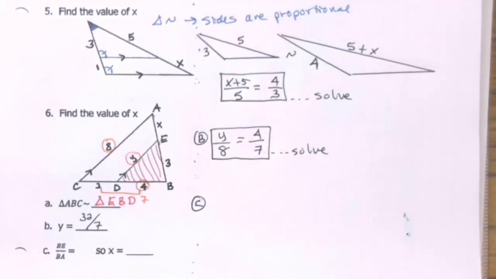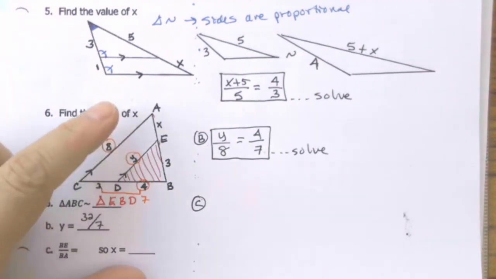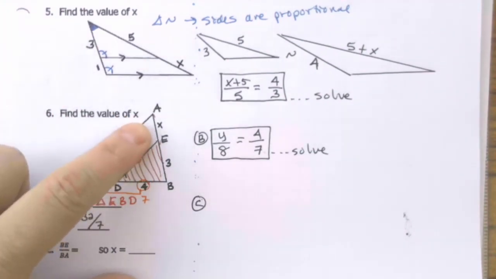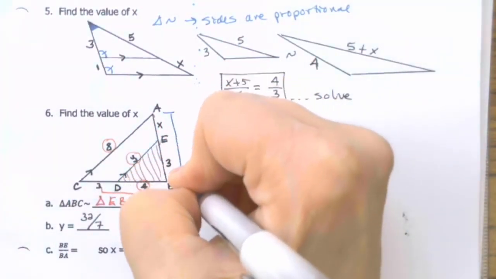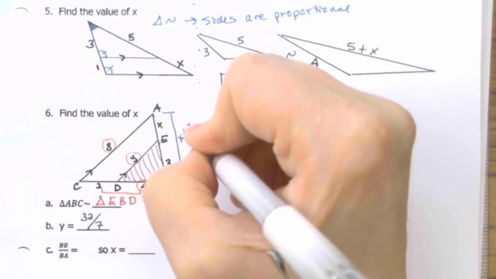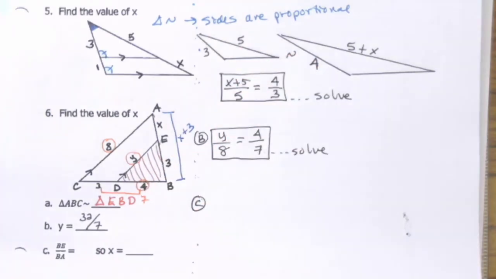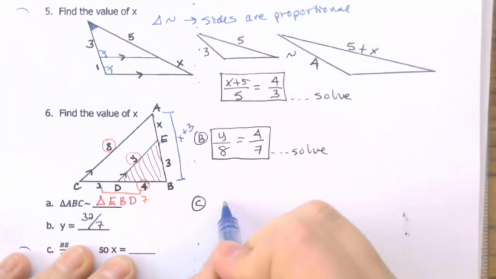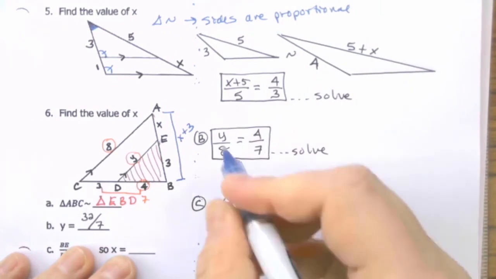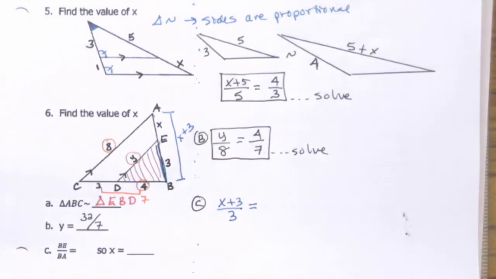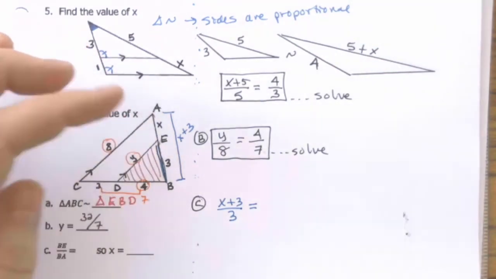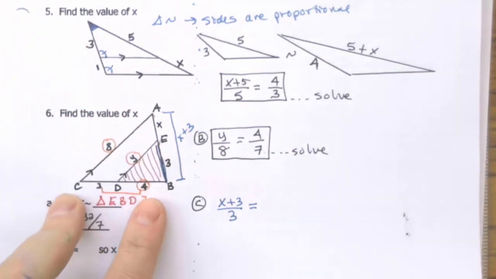C, we're going to set up something to find the x. X is this little piece here, which means that this whole side here is x plus 3 when you add it together. So side of the big one is x plus 3 over side of the little one here, which is just 3, equals, so I'm going big over little, and I'm going to use these sides again.